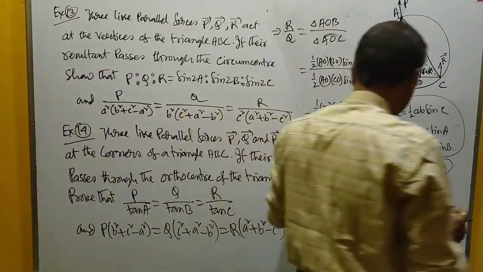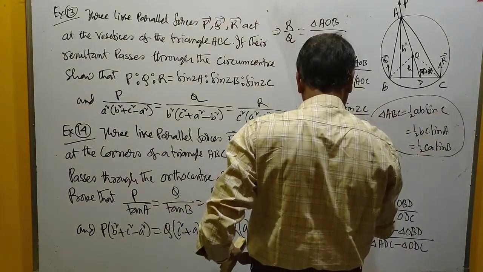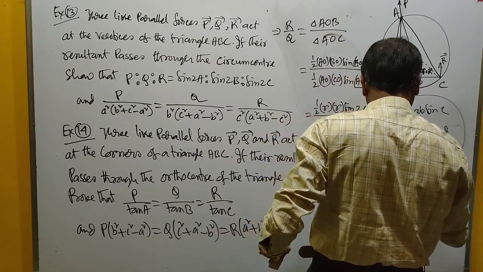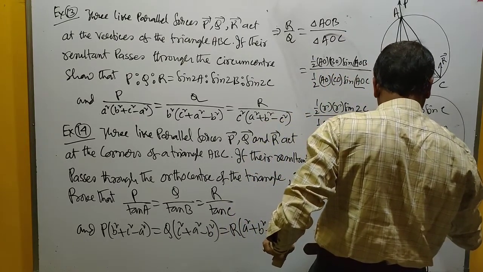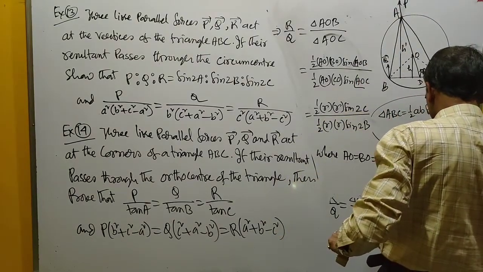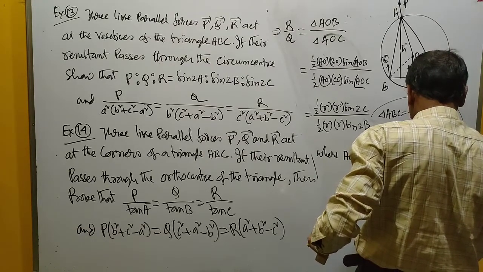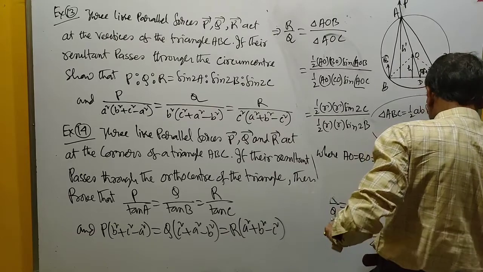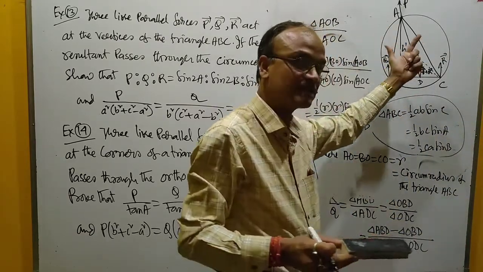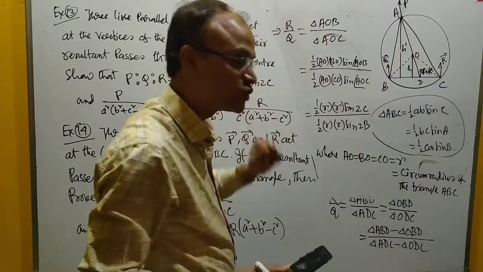Where I am writing here, AO equal to BO equal to CO equal to R equal to the circumradius of the triangle ABC. Circumradius means the radius of the circle is called the circumradius of the triangle ABC equal to R.